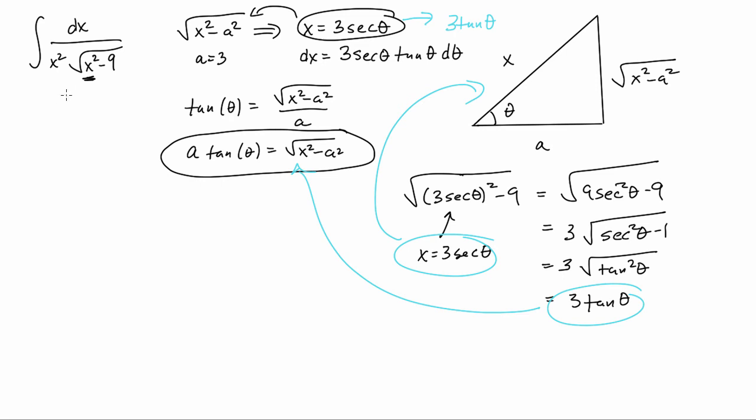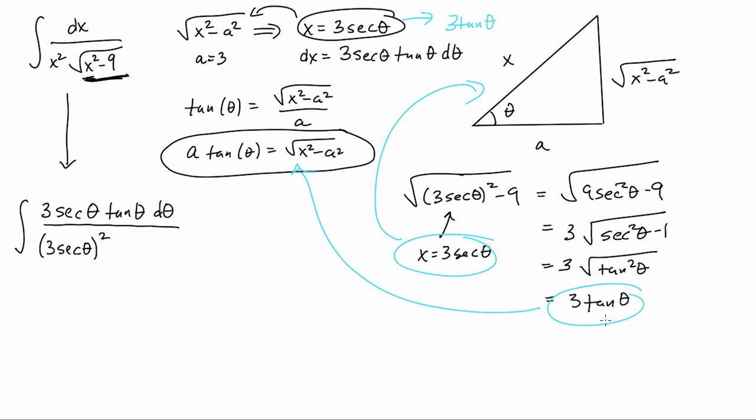So if I'm looking at this integral now and I want to go ahead and evaluate it, let's plug everything in. The dx for this problem is 3 secant theta tangent theta d theta. And x squared is going to be 3 secant theta quantity squared. And then the radical, we just went through describing that I can replace the radical with 3 tangent theta.